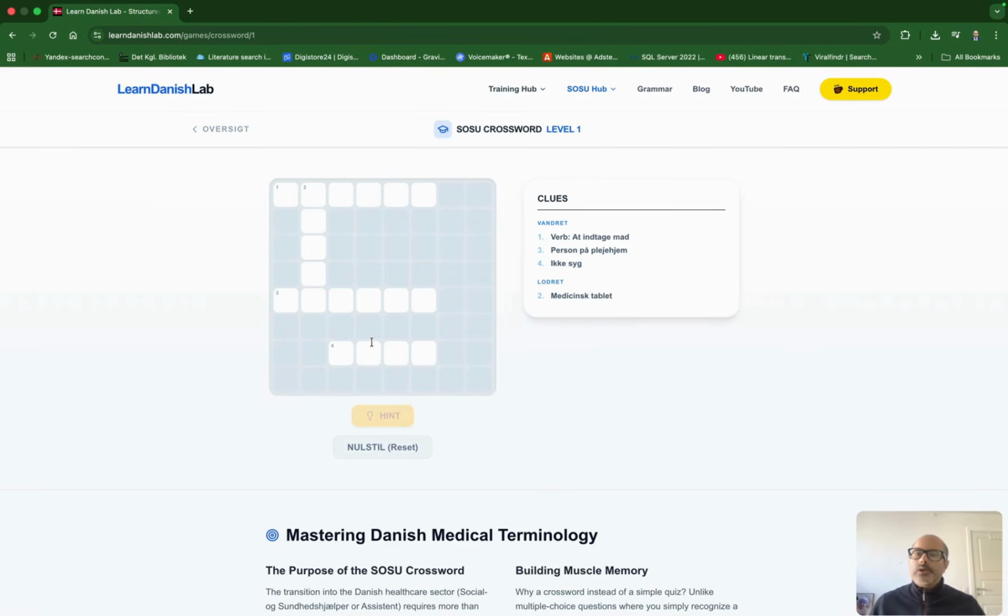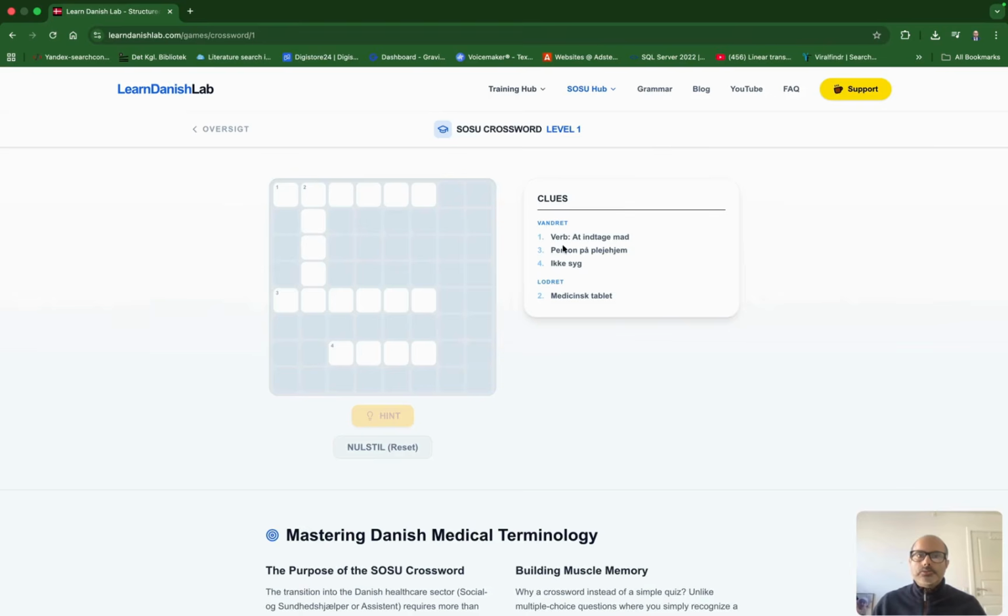So here you have to put the corresponding words. These three options go from left to right, and option number two goes from up to down.